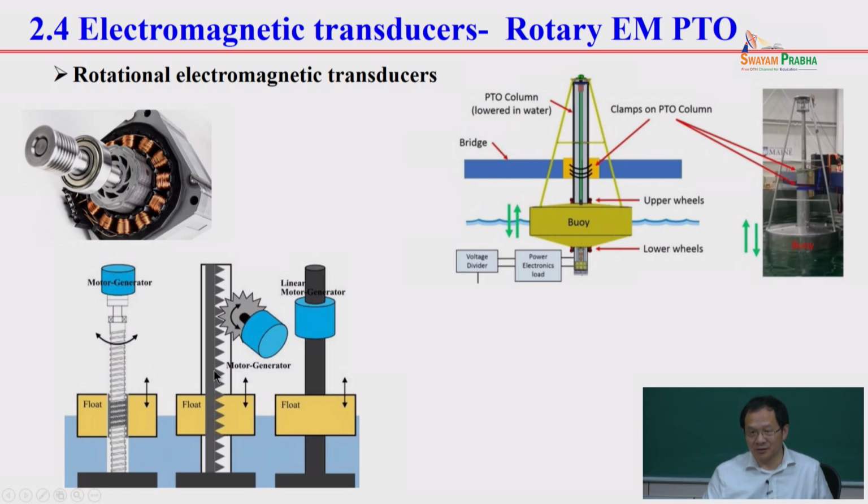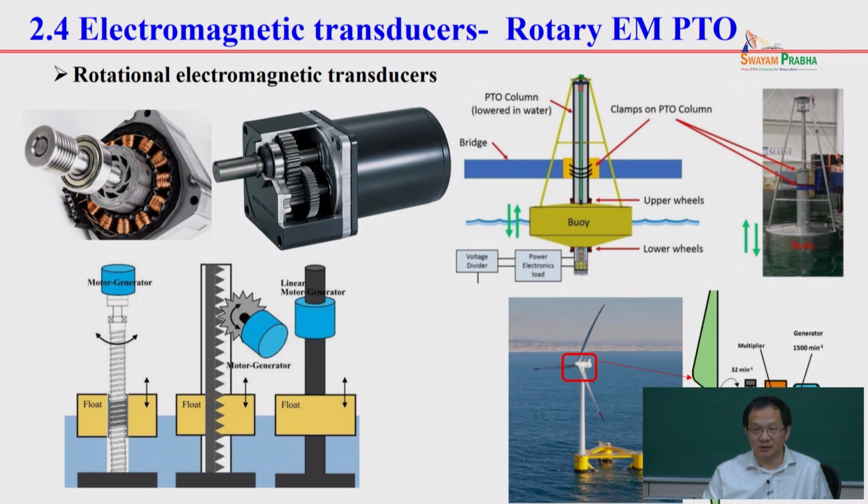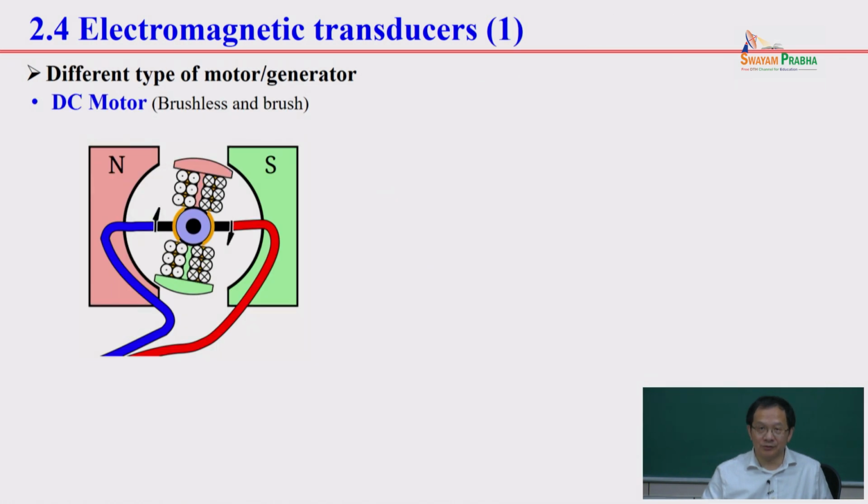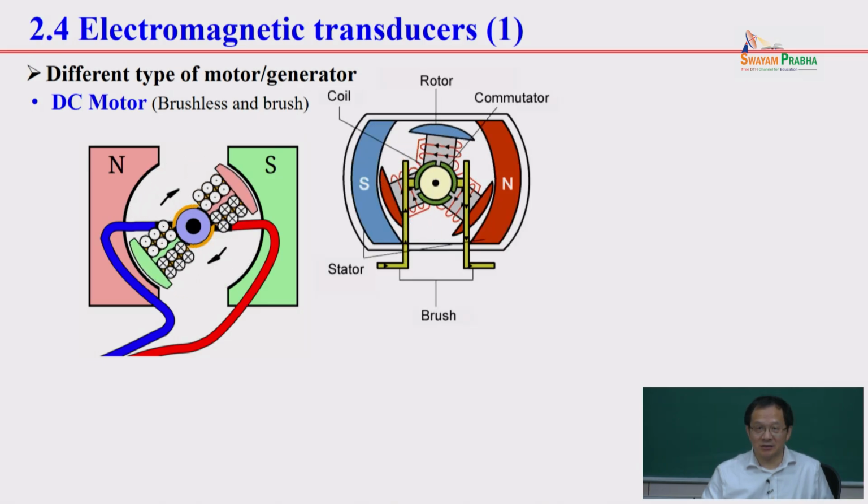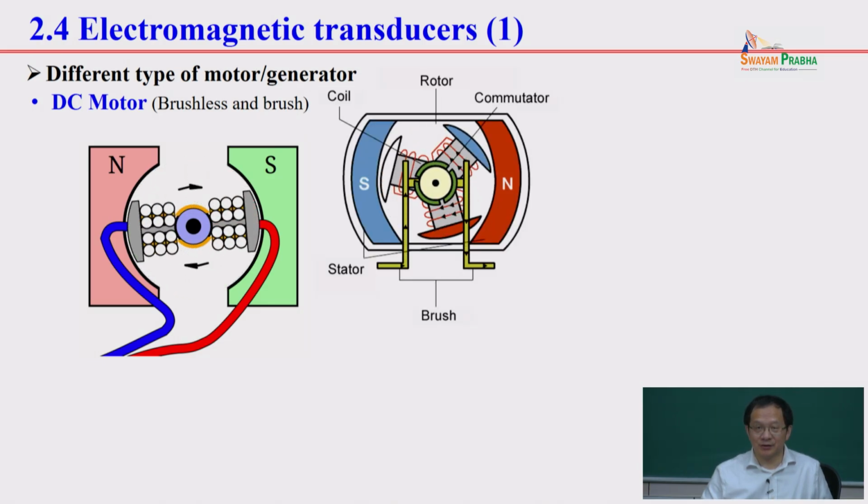Or you can engage different transmissions, right? Mechanical transmission, you can have hydraulic or pneumatic transmission. You may have a gearbox too. So that's a different DC motor, right? This is a single-phase DC motor, and this is a three-phase DC motor.